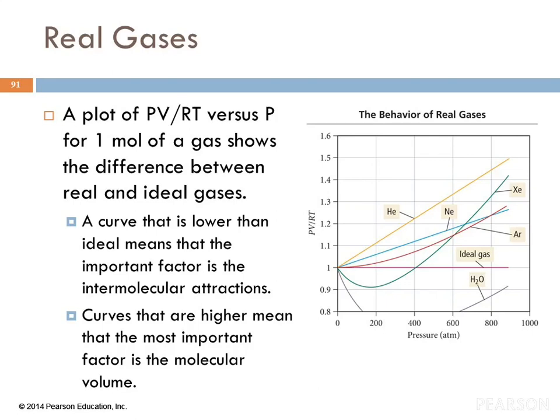So gases, when you compress them, when you round up all the people in Wyoming and you bring them all together, now the size of the individual person matters, whereas before it did not matter at all. So at high pressures, where the gas particles are close together, the volume of the individual particles matters.